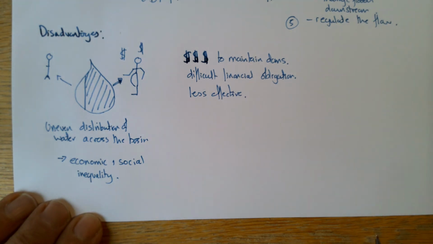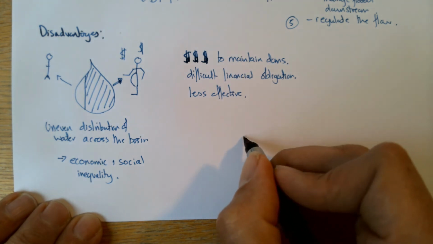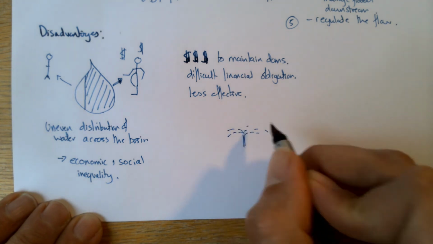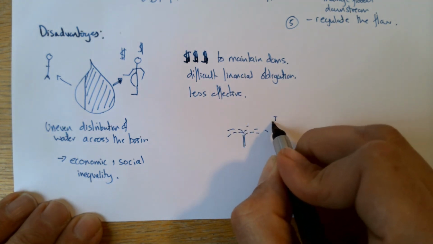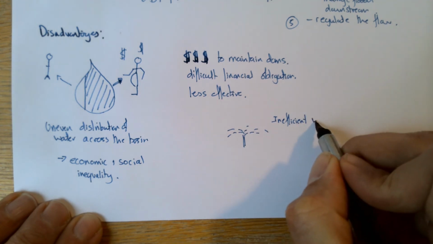And the final disadvantage I'd like to talk about is if we have irrigation again. So here's our sprinkler spraying out the water. We can talk about inefficient water use.